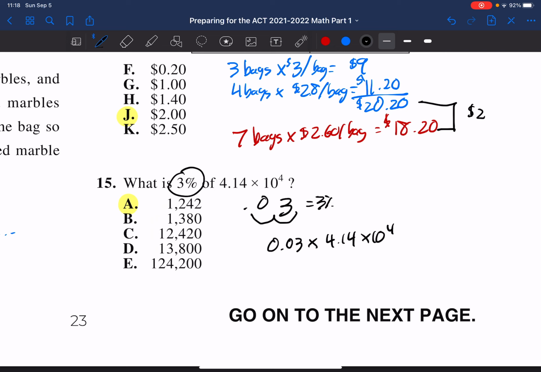Now really what's going on here is we've got decimals being moved left and right. Because what this is telling us to do is move the decimal 4 places to the right. So we've got 0.03 times, so 4, and then we move it 4 places, 41,400.